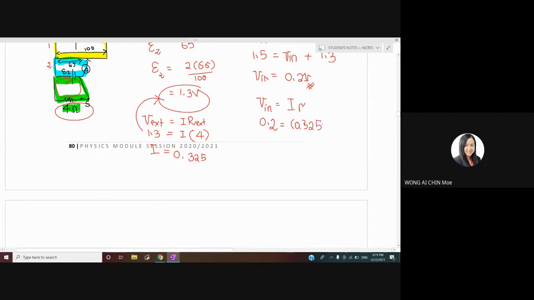Times the internal resistor, so our internal resistor is equal to 0.615 ohm. So this is the way you can measure the internal resistor.